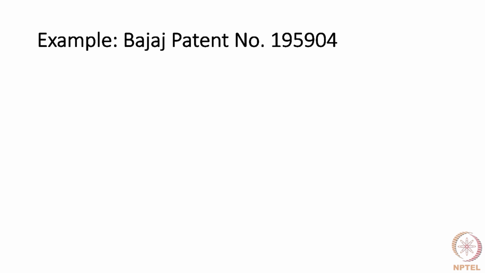Now, you need a disclosure before you can create the problem solution statement. In this case, information about this patent is already there in the public domain because of the dispute between Bajaj and TVS. And once you have the patent number, it is easy for you to find out what the claim or the description in the patent is.